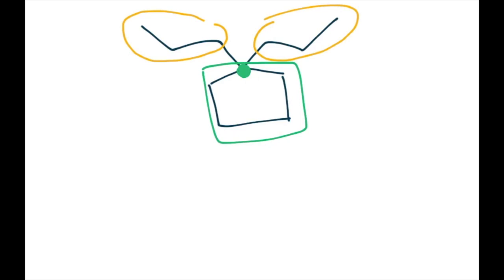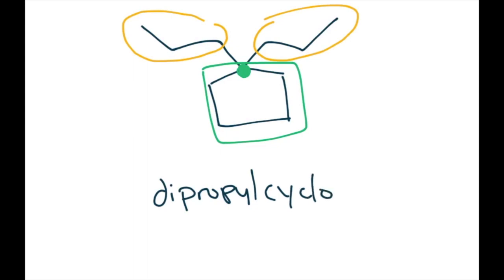So this would be dipropylcyclopentane. And here we have, now I have two groups, so I have to have numbers, even though the numbers are going to be 1, 1.